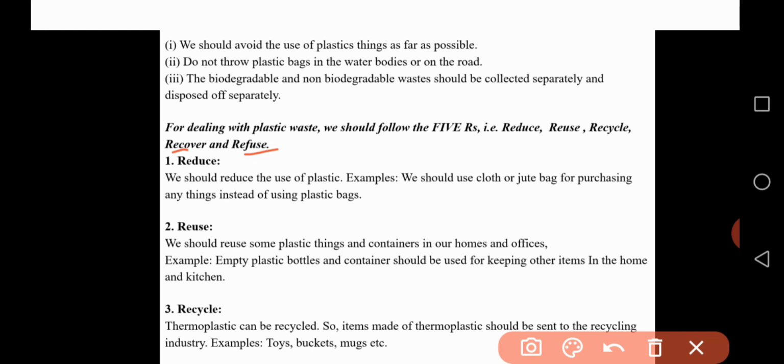Instead, you have to keep the materials in cloth bags. That is refuse. So these are the preventive measures for preventing pollution to the environment by following the 5 R's: reduce, reuse, recycle, recover, and refuse.